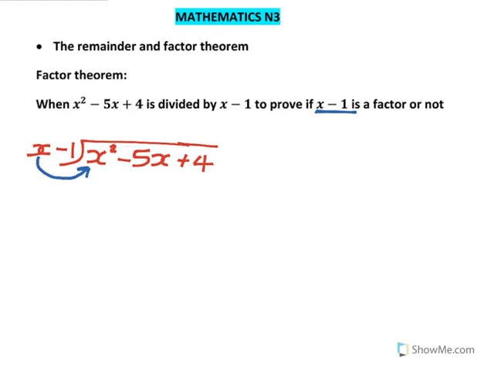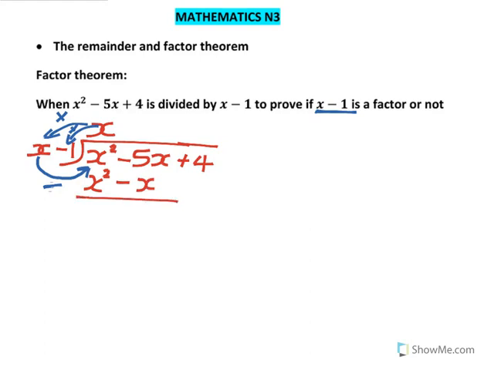You get x. Then you multiply: x times x, you will get x squared, and x times minus 1, you are going to get minus x.